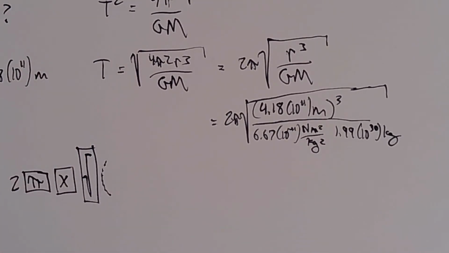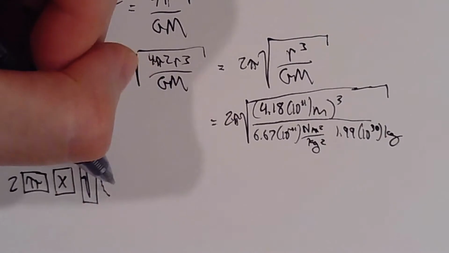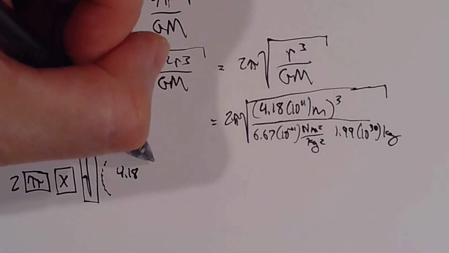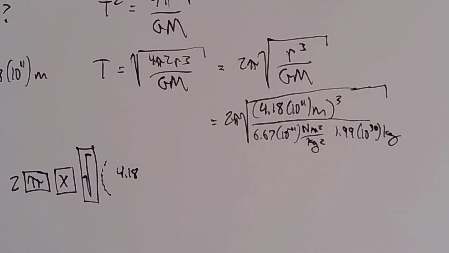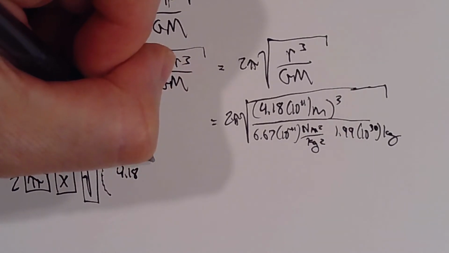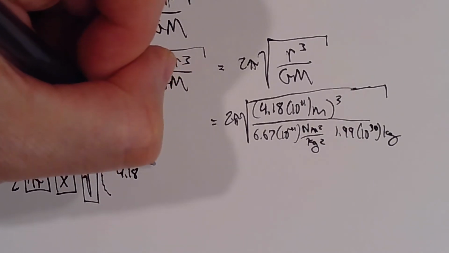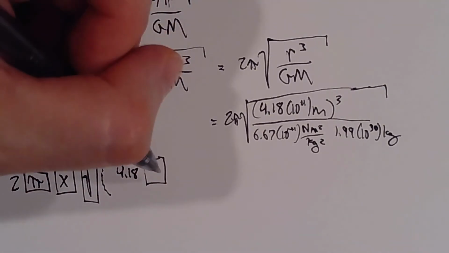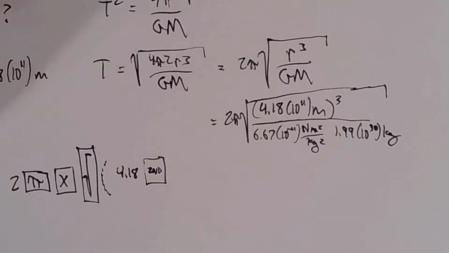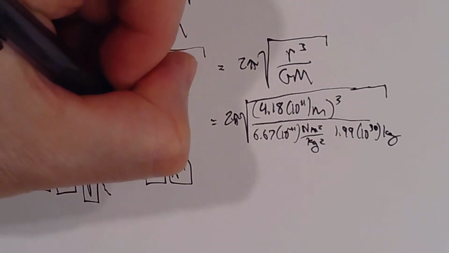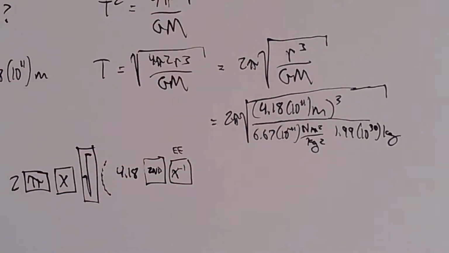So I'm going to write 4.18, and for the TI-30X, we want to get our scientific notation in place. So I would press the second button, and then I would press x to the negative 1, and that gets our scientific notation triggered.